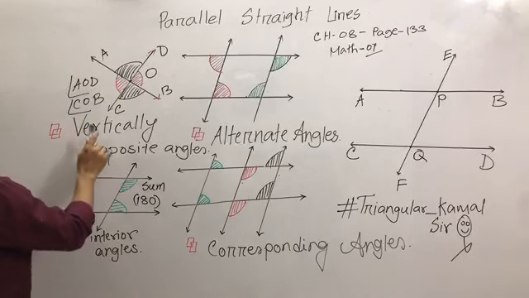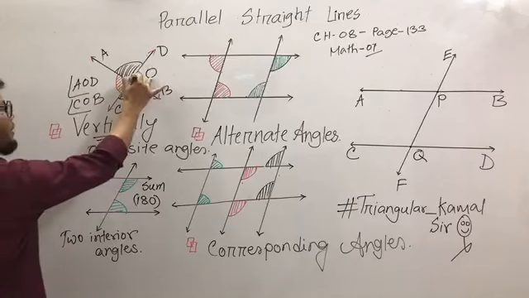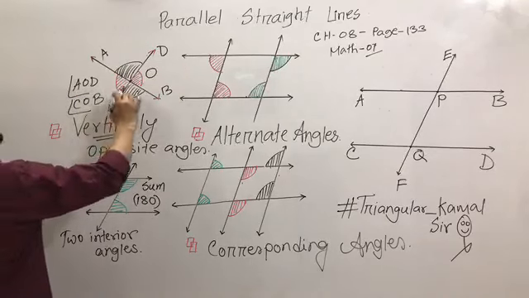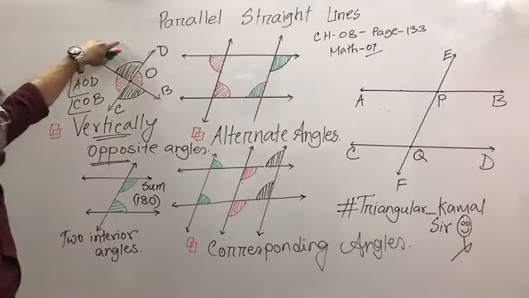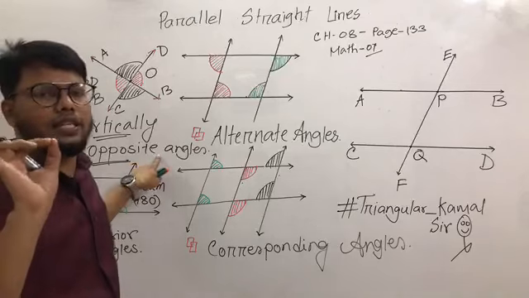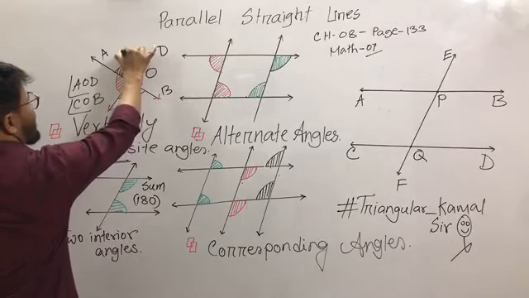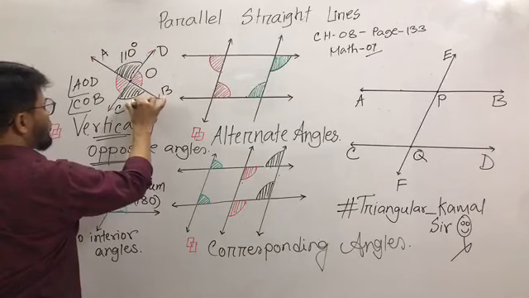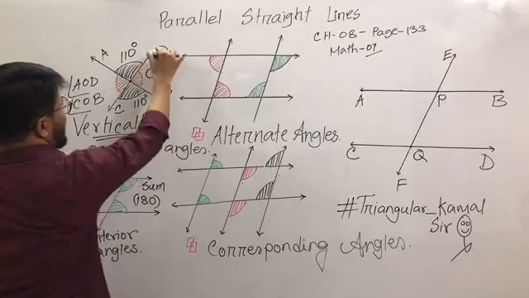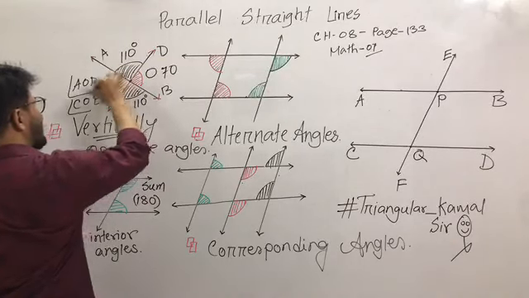That's why we say they are vertically opposite, because they have the same vertex and are opposite: the right one to the left one, and the upper one to the below one. So vertically opposite angles are always equal. If this angle is 110 degrees, this one will be 110 degrees. If this angle DOB is 70 degrees, this one will be 70 degrees.